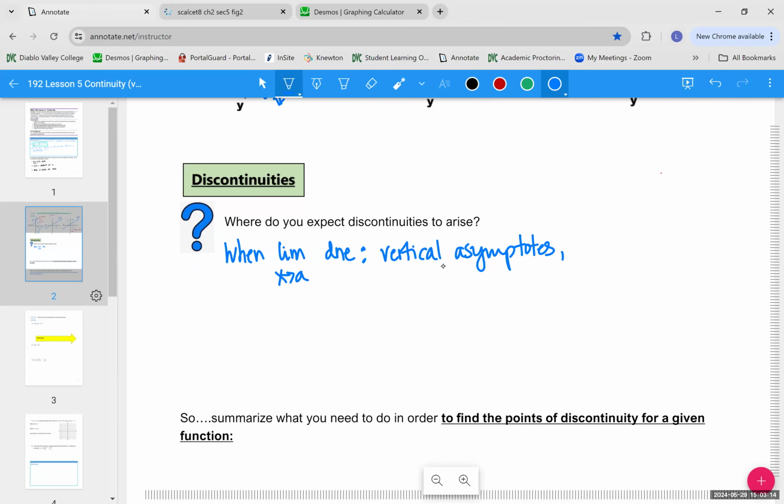But where else does it happen? It sometimes happens at a break point of a piecewise function when the equation jumps. So possibly at breakpoints of piecewise functions, you might have a left-hand limit and a right-hand limit that aren't the same. So then you don't have a two-sided limit.